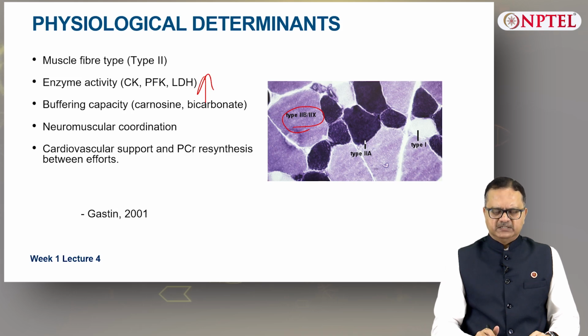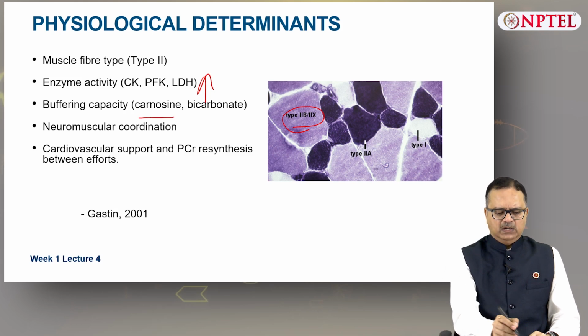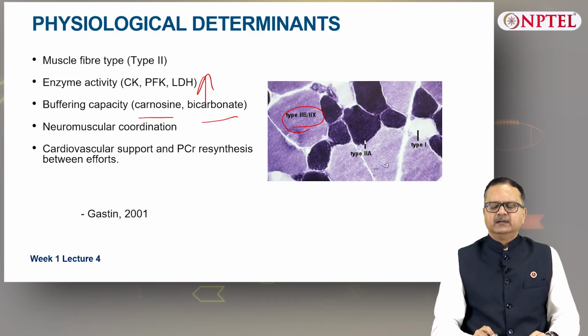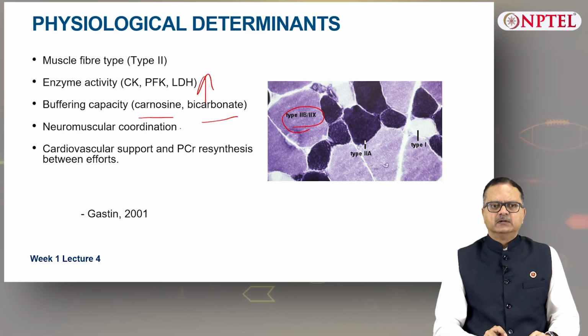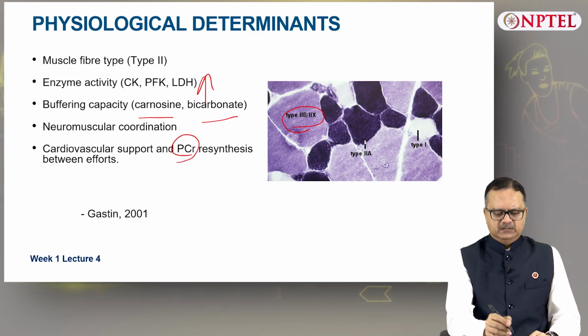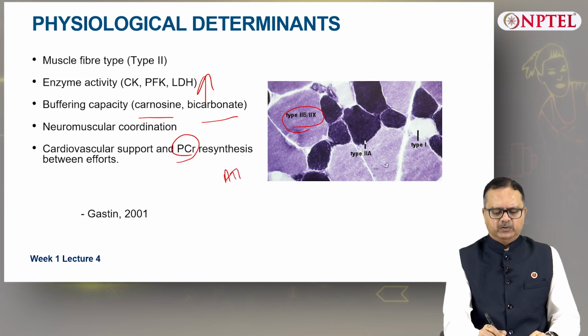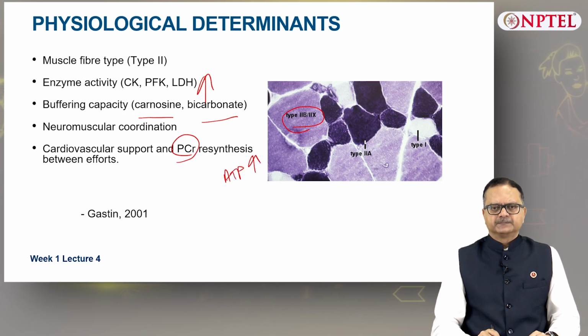The buffering capacity due to carnosine and bicarbonate improves. Neuromuscular coordination improves. And cardiovascular support and PCR resynthesis between the efforts will improve with anaerobic training. As we know, if PCR is resynthesized, ATP production will increase.